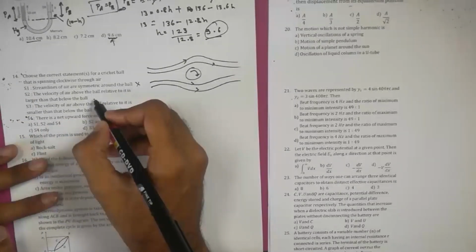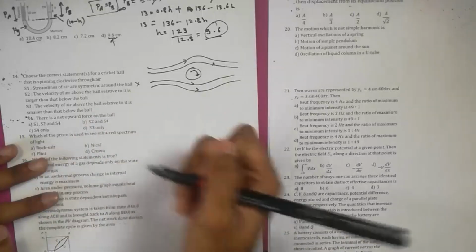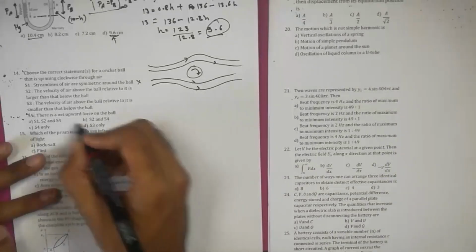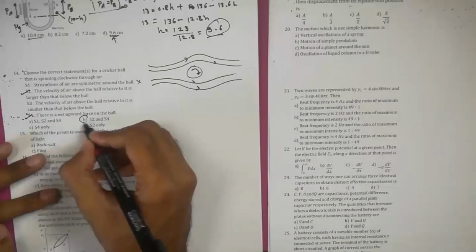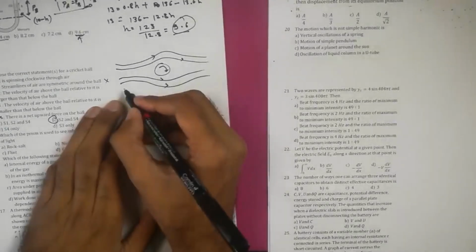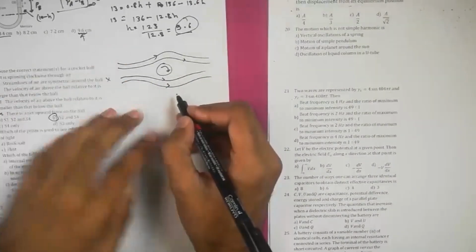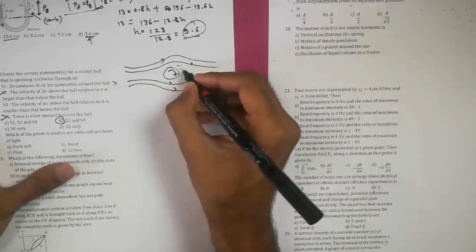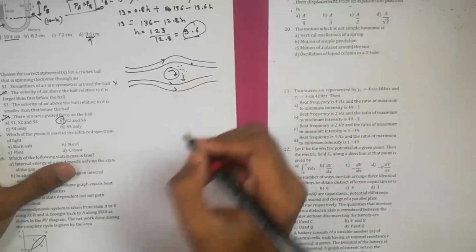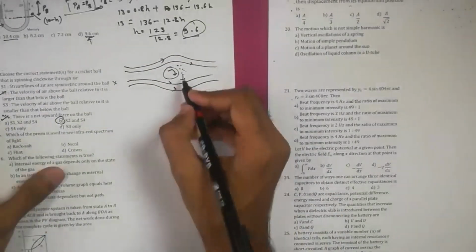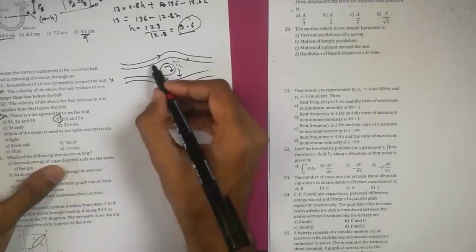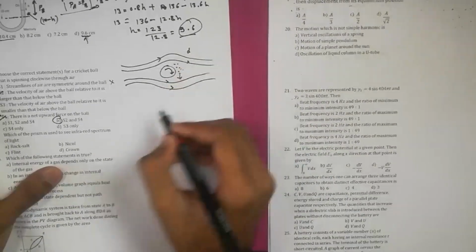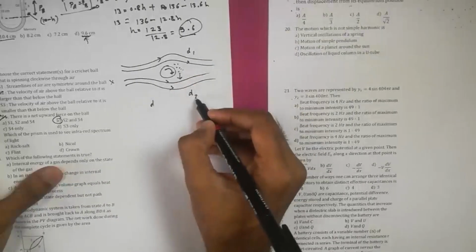What happens is, when the ball is spinning clockwise, this clockwise direction makes sure that the air goes down. It's like dragged below it. So most of the air is dragged below it, and less air is left on the upper side. That means the density at part 1 and part 2 will be different, so the amount of air will be different. Because of this difference in air density, there will be a change in pressure, so you will have high pressure on this side compared to this side.